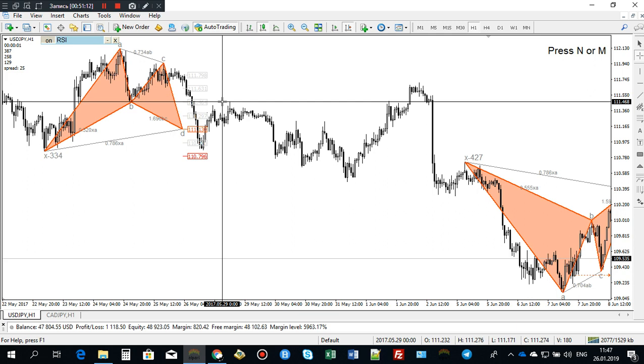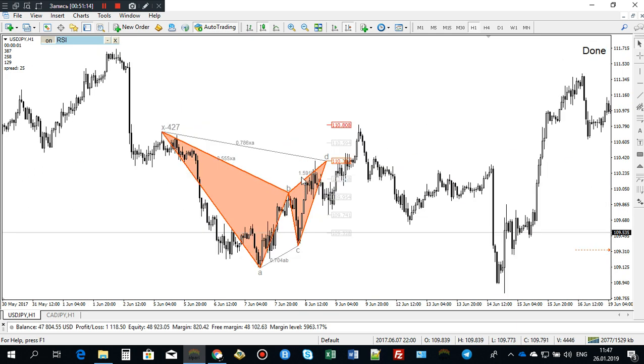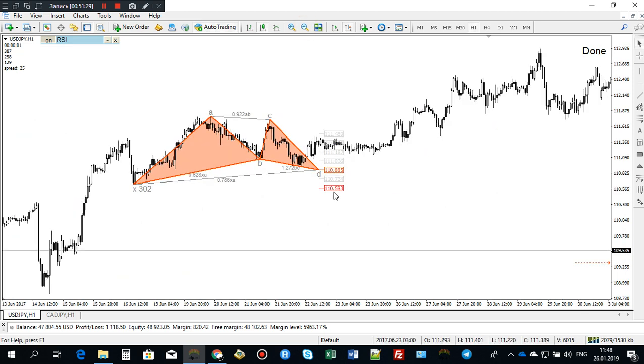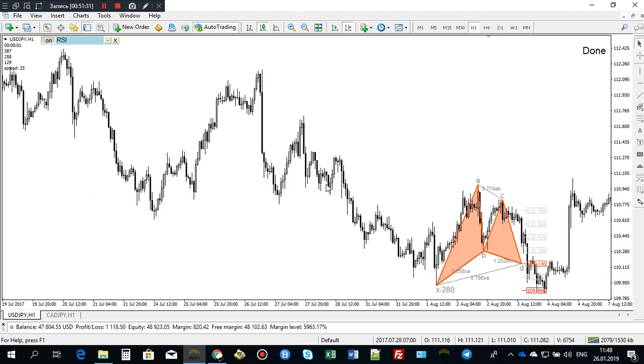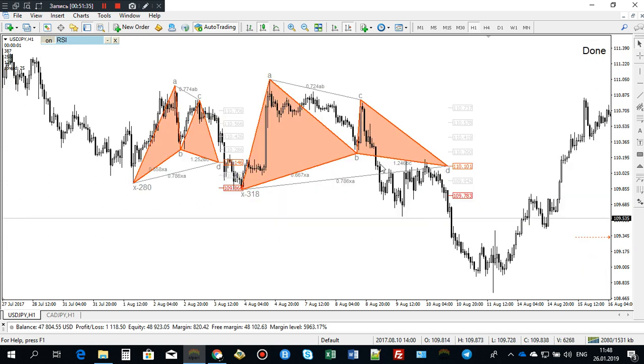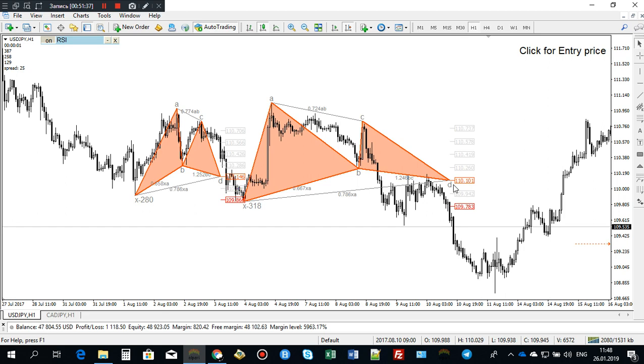Oh, a win, perfect. The high of this candle says 38.1, 38.1, 38.1, so perfect. Time, price, win, perfect pattern reversal, pip to pip. Time, price, loss. Okay, this completes here, time, price, loss.